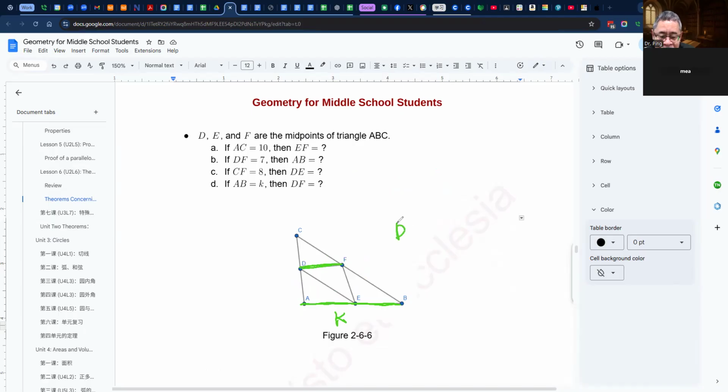What is DF equal to? Yeah, very good. That's what it is.